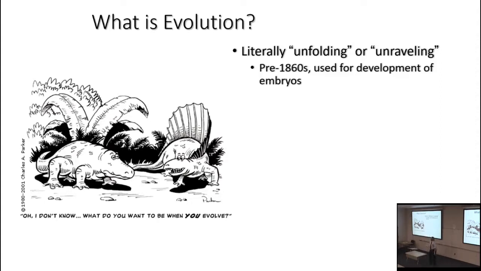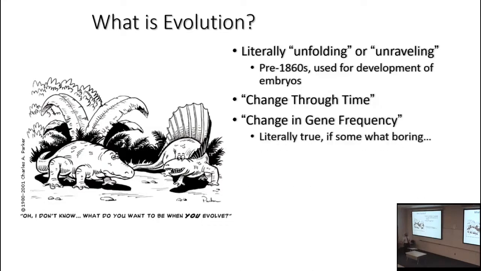They were talking about embryological development, the unfolding of a fertilized egg through various developmental stages. Now, of course, as I said, we use it generally in the context of change through time. Now, many of my colleagues in this building with B-side courses might say that evolution is change in gene frequency in a population.